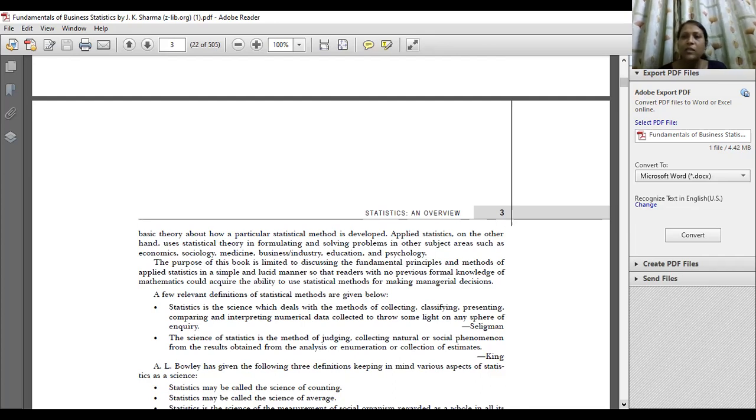On the other hand, applied statistics uses statistical theory obviously, but in formulating and solving problems in some other subject area. That is, this is project based. The areas may be economics, sociology, medicine, business, industry, whatever.